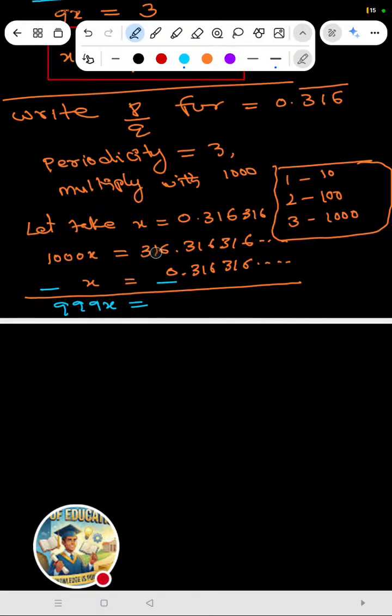Then how much are you getting? After the decimal, these are all zeros. So 316 minus 0 is 316. Now x is equal to 316 by 999. So this is our answer.